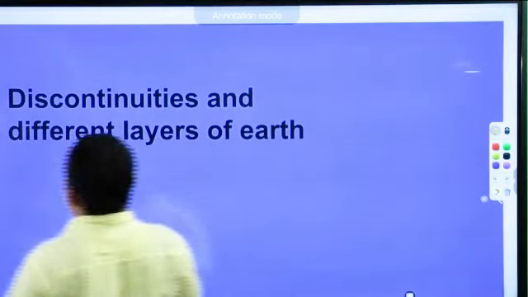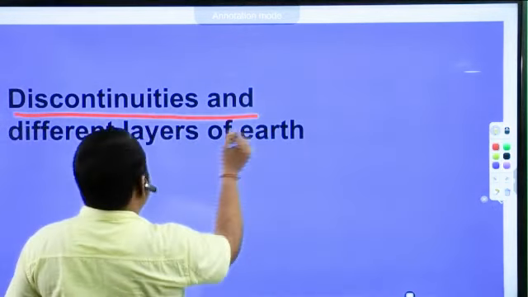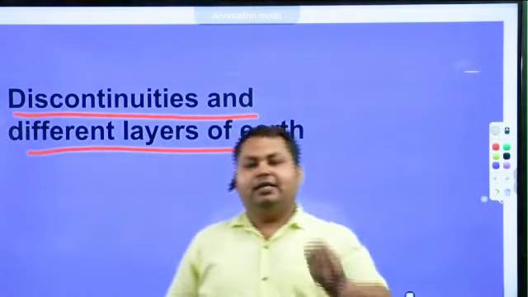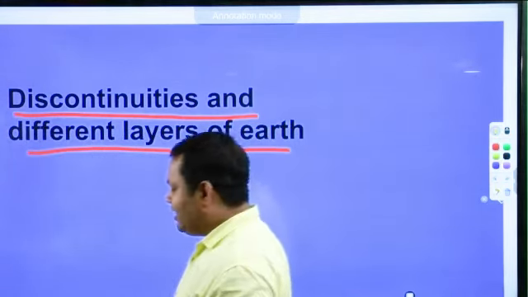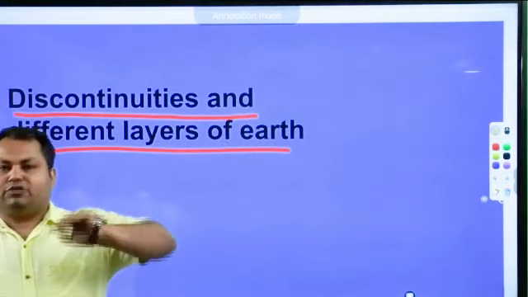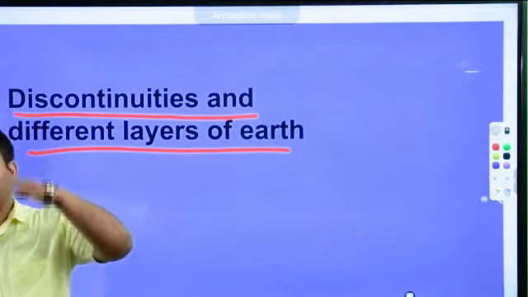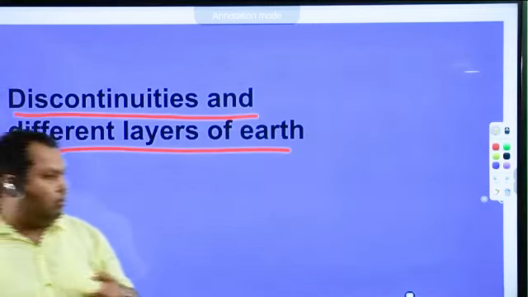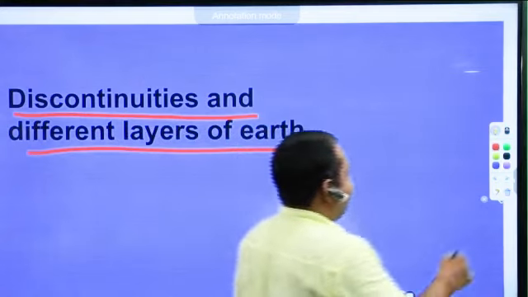The next point is discontinuities. What are discontinuities and how are they created? Discontinuities are the imaginary layers inside the earth which develop because of drastic variation in temperature, pressure, density, or all of them, right?